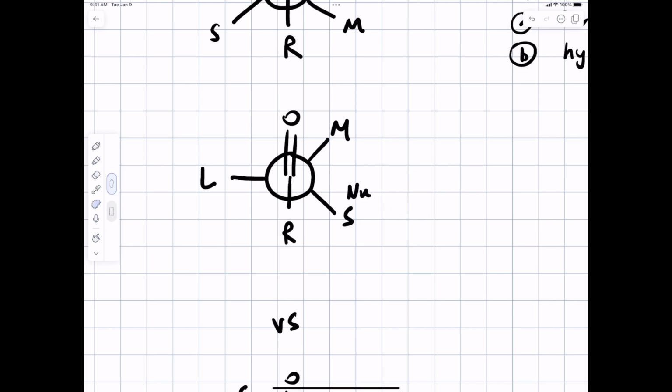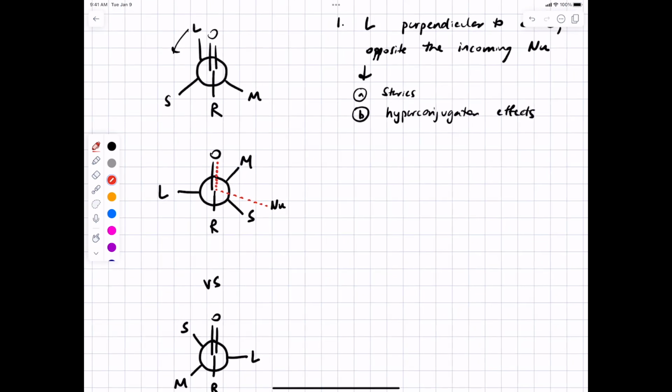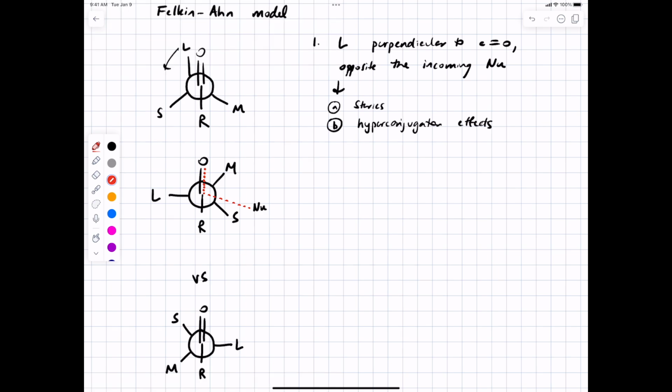Nucleophile is going to be coming in. Now, as the nucleophile attacks, you're going to have pi bond breaking, sigma bond forming. Notice I'm having the nucleophile approach from the Bürgi-Dunitz angle. We haven't necessarily talked about that. That's an aspect later on.